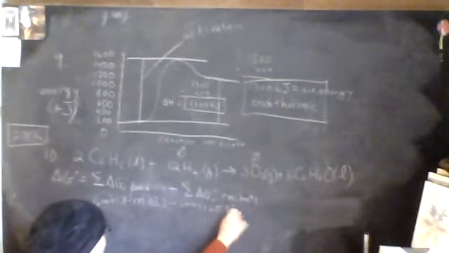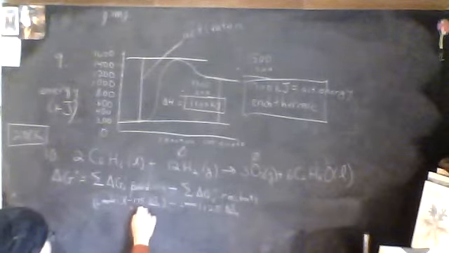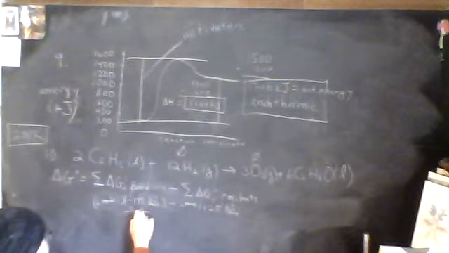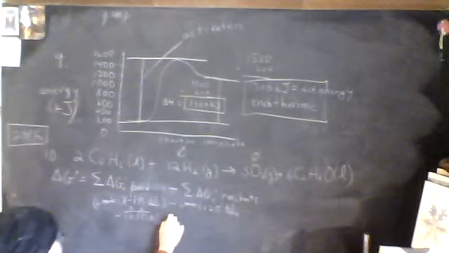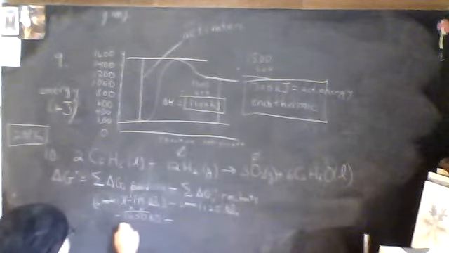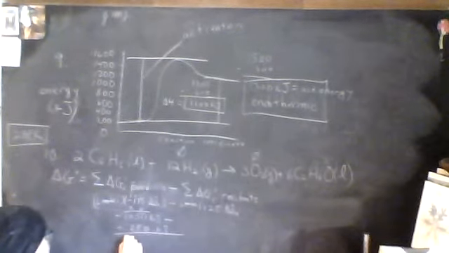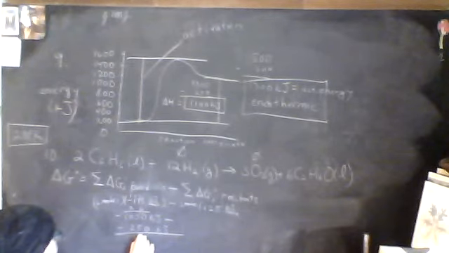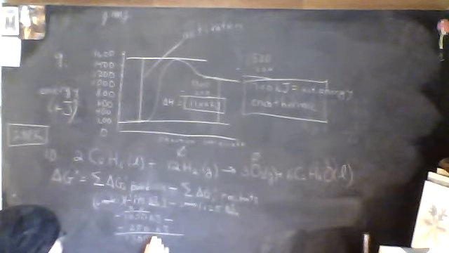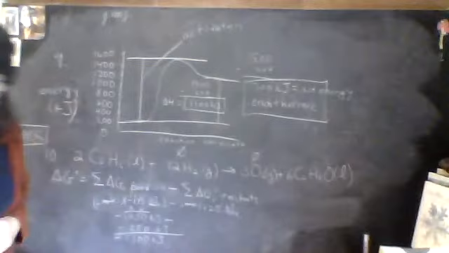So moles cancel moles. What is 6 times negative 175, minus 2 times 125?